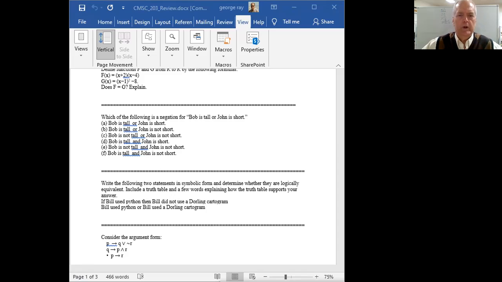Before we go over question 3, let's go back to question 2 and just consider that for two sets to be equal, they have to have exactly the same elements in the sets. So if I can show that set B has an element that is not in set A, then the two sets are not equal.